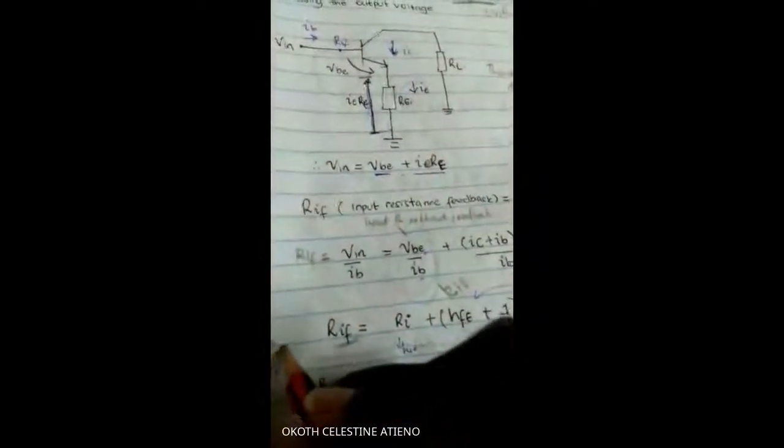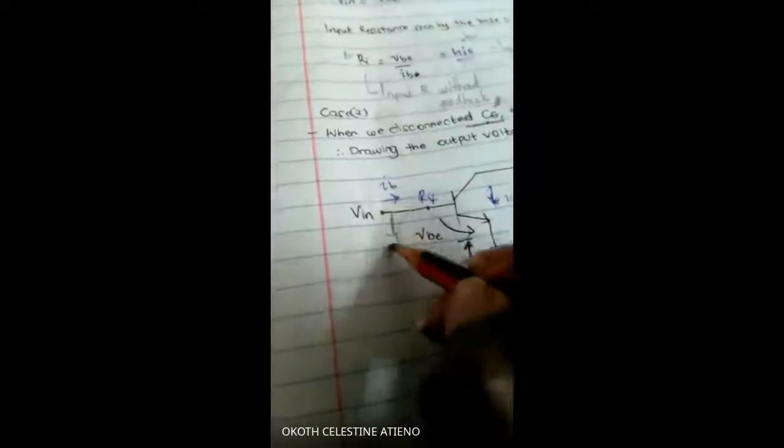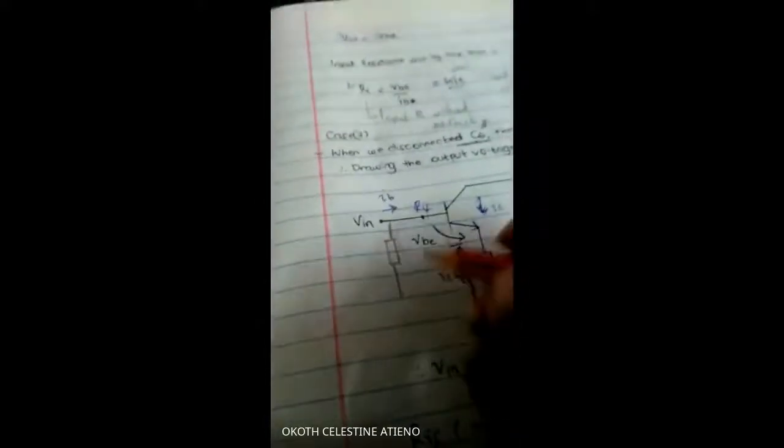So feedback resistance is what we call RIF. And input resistance is what the lecturer dubbed as RIF2. This is the input resistance seen by the signal. So for me to find the input resistance seen by the signal, I have to include my R1 and R2.